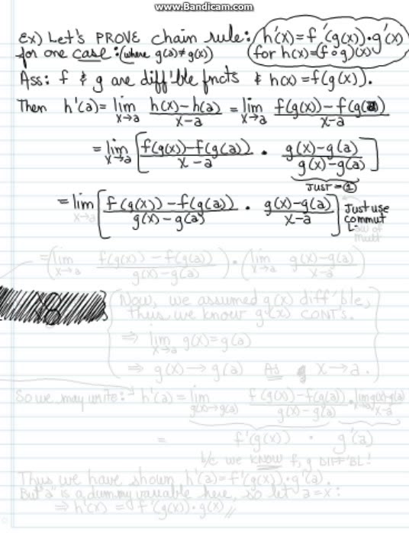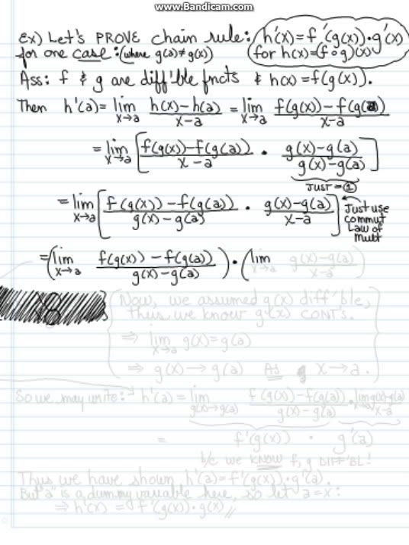We have the limit of the first factor times the limit of the second factor. And we get the limit of f of g of x minus f of g of a over g of x minus g of a, that's the first limit, times the limit of the second factor, g of x minus g of a over x minus a.